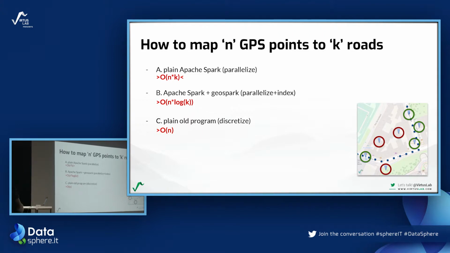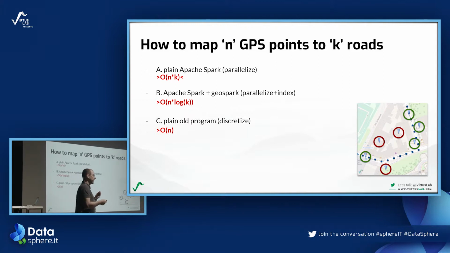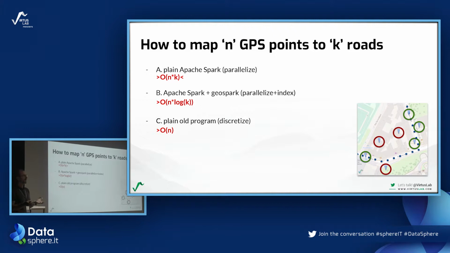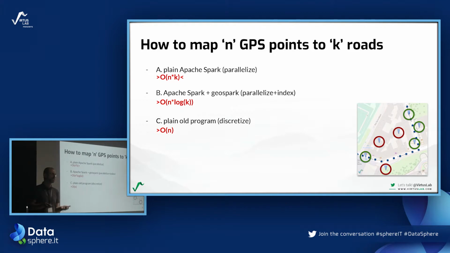Solution number B, you can go a bit more clever and say, for the roads, I can store the roads in some special data structure that allows you to look up a road in logarithmic time. There are special spatial data structures that allow you to do that. And there is an add-on to Spark, GeoSpark, that allows you to use such structures pretty easily.